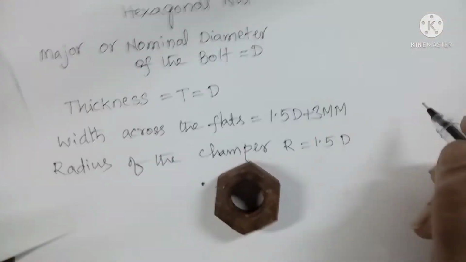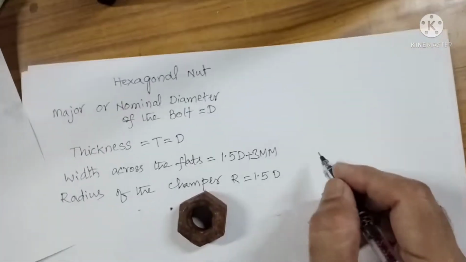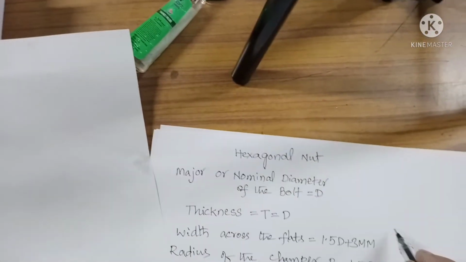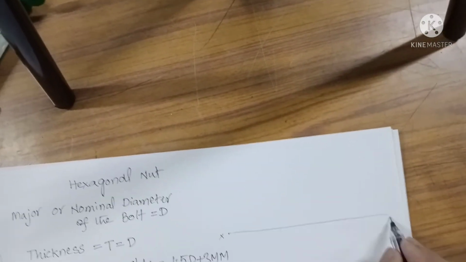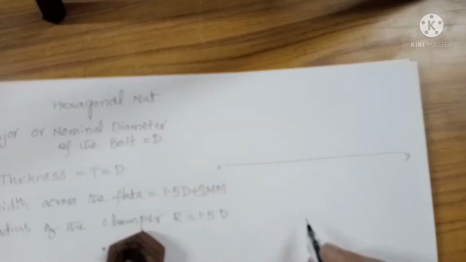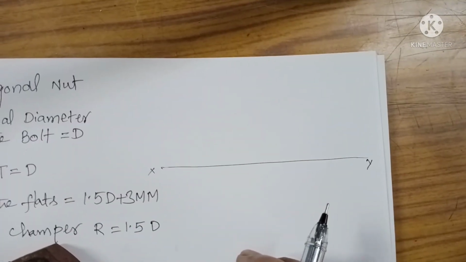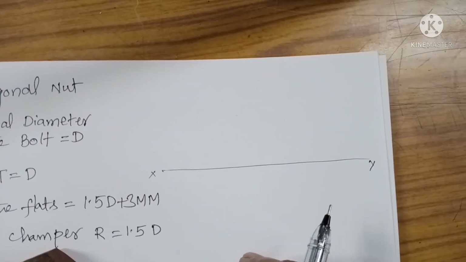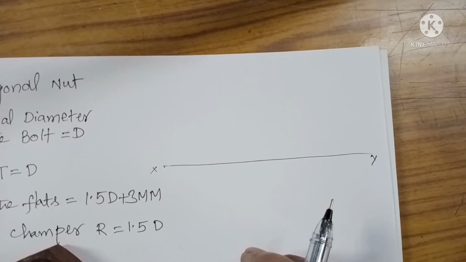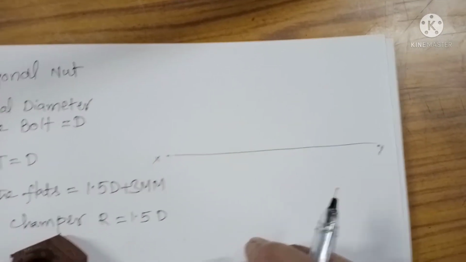So I am drawing, just see, the XY line. The front view I am about to take above the XY line, the top view below the XY line, and the side view also I will take accordingly.